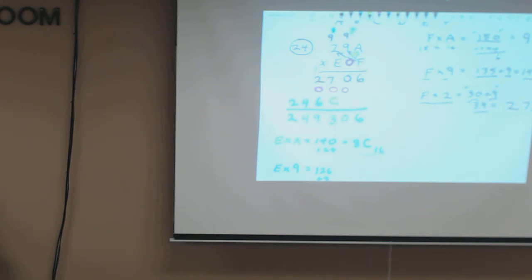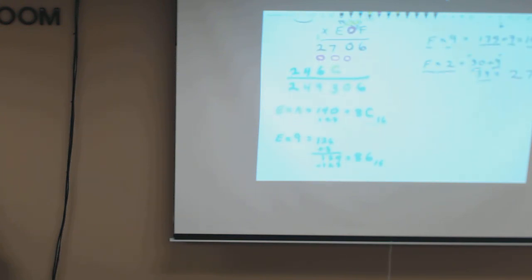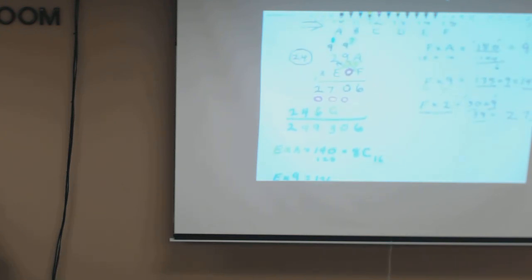And then I take E times 9, and I get 126, plus the 8, 134, and that becomes 8, 6 in base 16. So I put down the 6 and carry the 8.